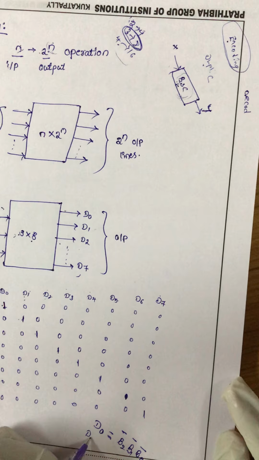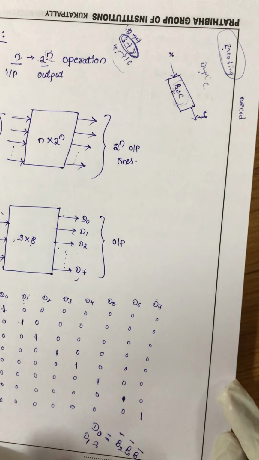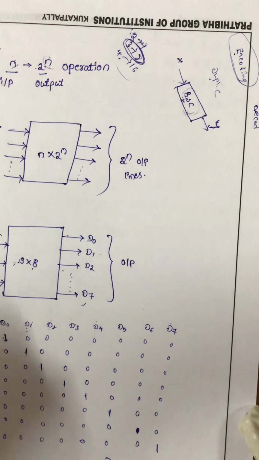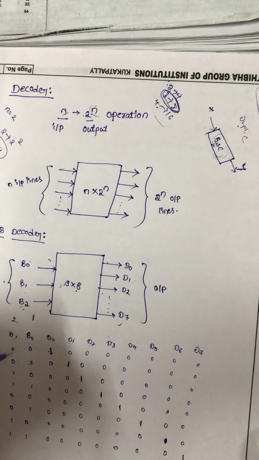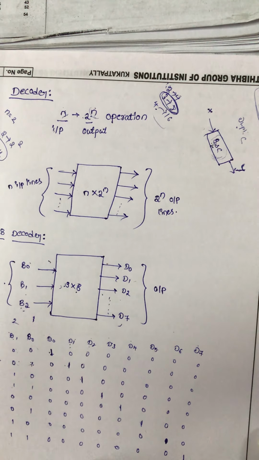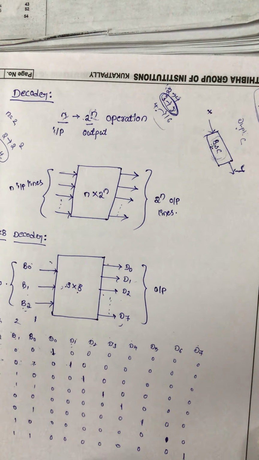Okay, next coming to D1. So D1 is the output when B0 is 1, so B0 is high, B1 is 0, B2 also 0, so B1 bar, B2 bar.